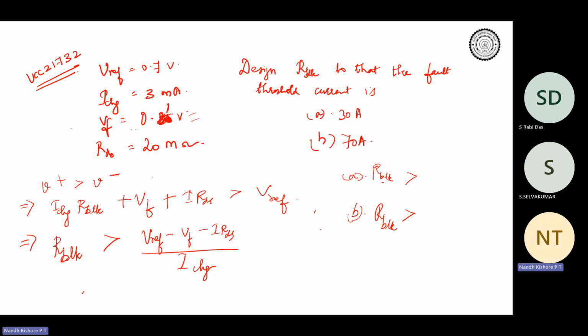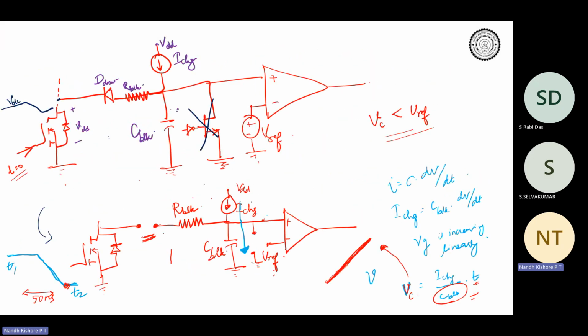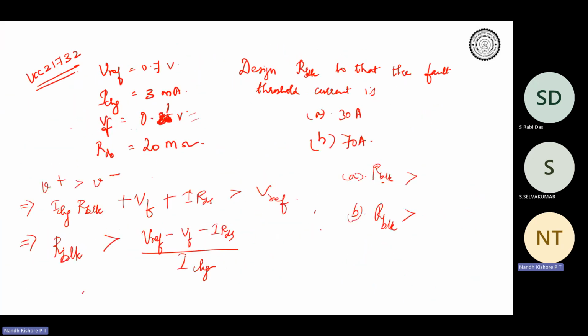One more thing I wanted to mention, before you continue with the calculation: so far we have seen the sensing directly connected across the device. We saw that even if VF is 0.25 volts, which is a very practical number, this inequality doesn't hold good, since VF and I into RDS will be way higher than VREF.